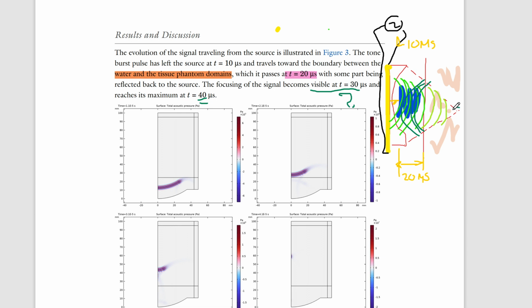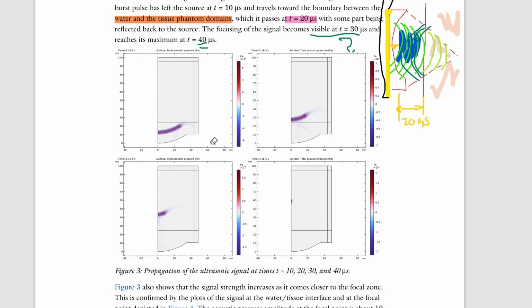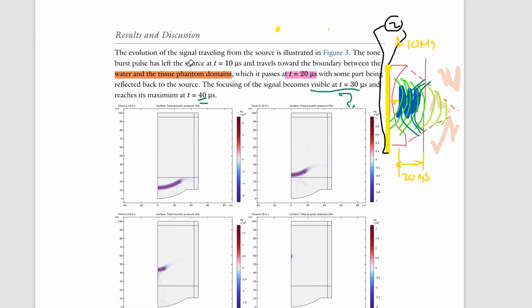But we would say maximum is here, wouldn't we? But they didn't say maximum at the focal, so we're just going to say it gets to its maximum. Okay. So now we have these images here, and we see it says traveling. So ultrasound is coming in here.